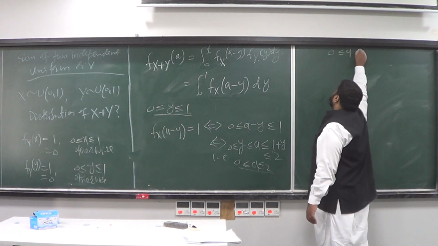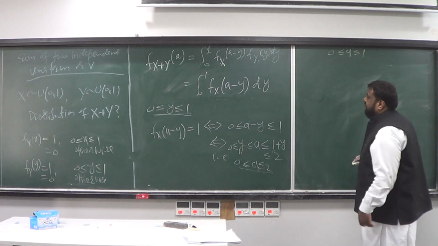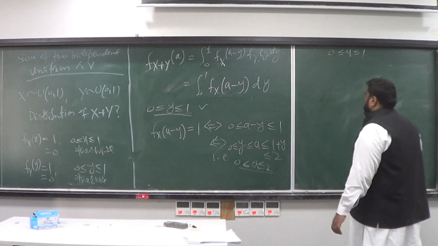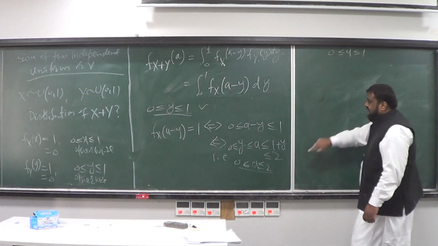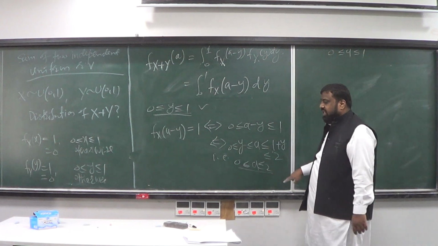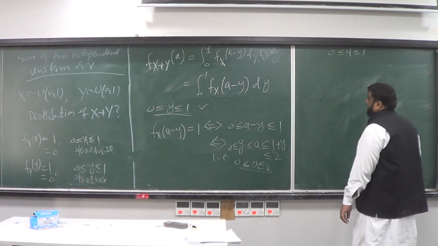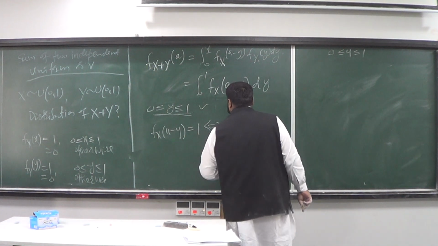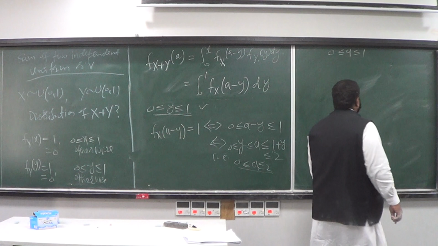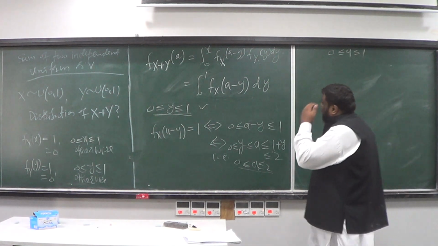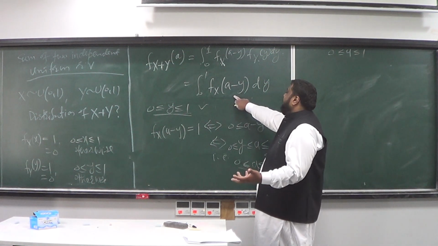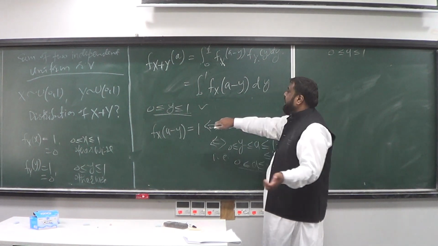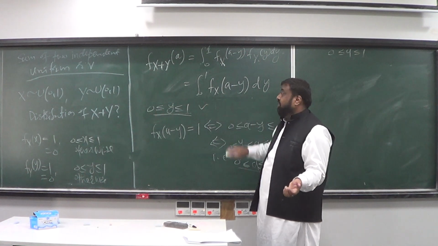When a is between 0 and 1 and obviously y is between 0 and 1, then f_X(a minus y) would be 1, because a minus y would be between 0 and 1.